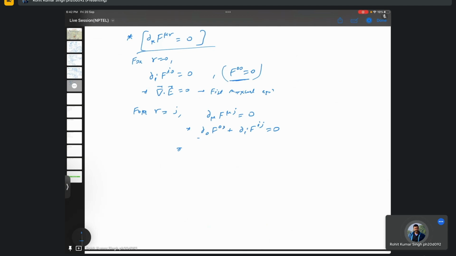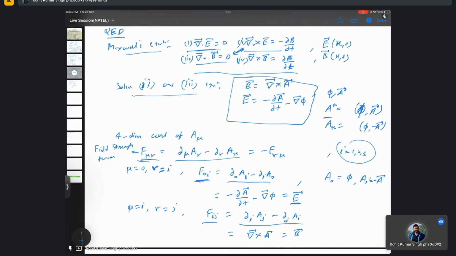So this is the time derivative, right? Jth component, plus... so if ij, what did we have? F^{ij} is this thing, right? Magnetic field B.